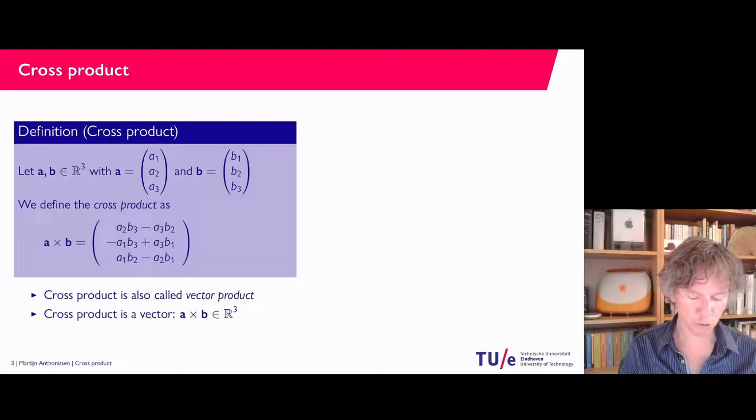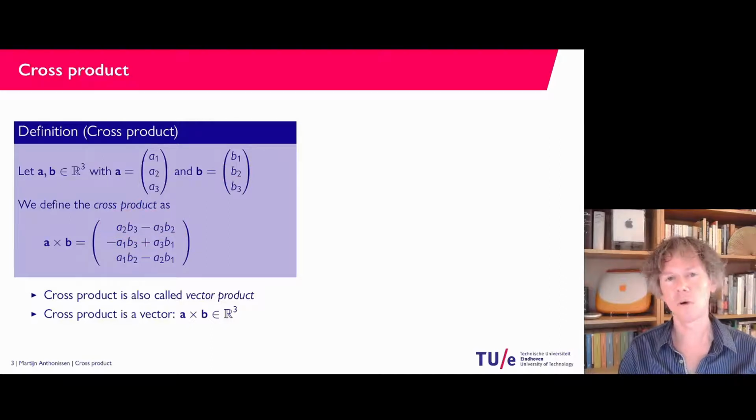First, the definition. So given two vectors a and b, you see that the definition of the cross product is a very strange expression here. So what you do is a2 times b3 minus a3 times b2. That's going to be the first component of this new vector.